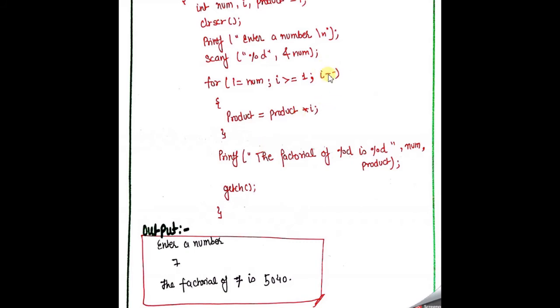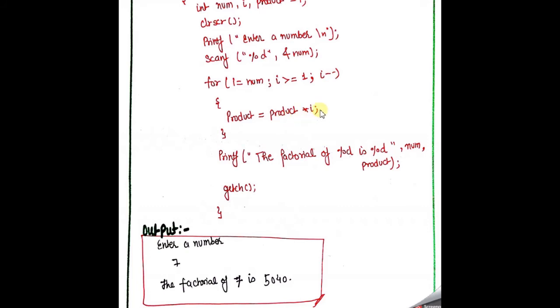So I am going to perform I minus minus. I is equal to 3, and after performing I minus minus, what is the value of I? I is equal to 2. Is 2 greater than or equal to 1? Yes. So again I am going inside. It tells us product multiplied by I. What is the updated value of the product in the last step? It is equal to 3. Now 3 is multiplied by I, and the value of I is 2.